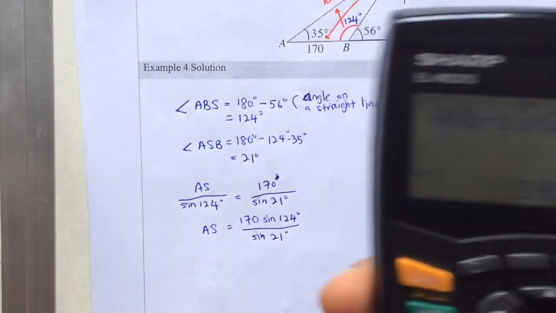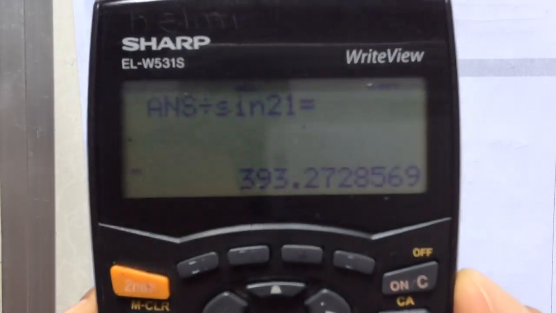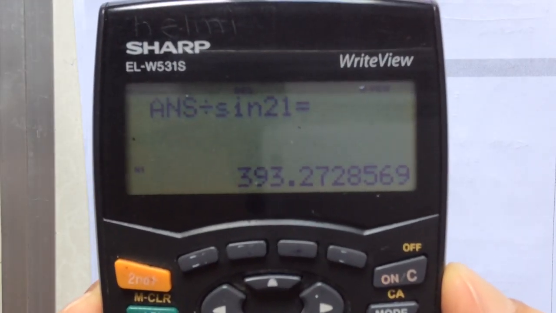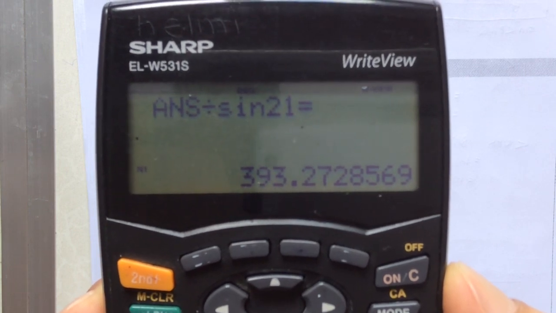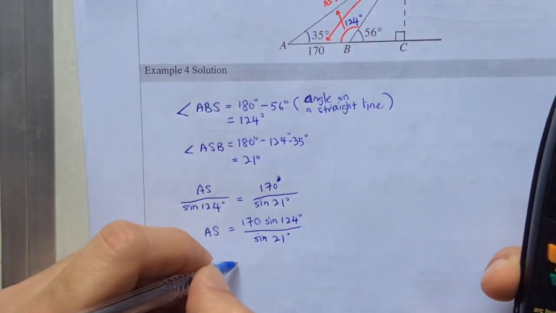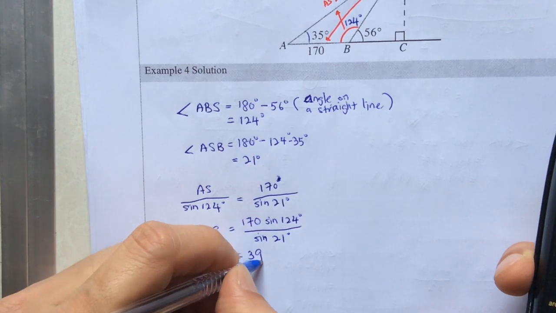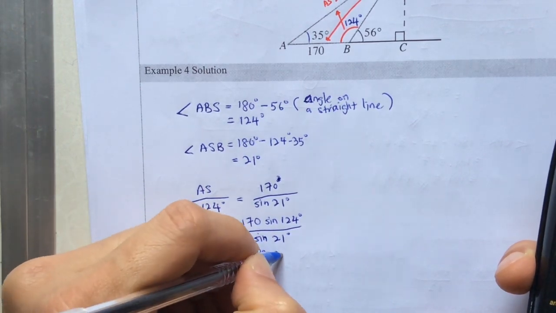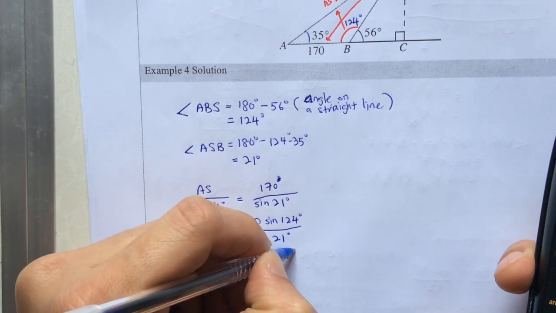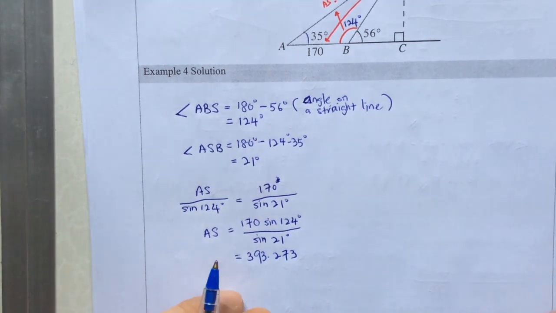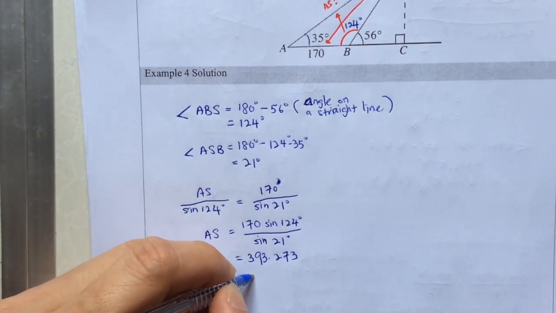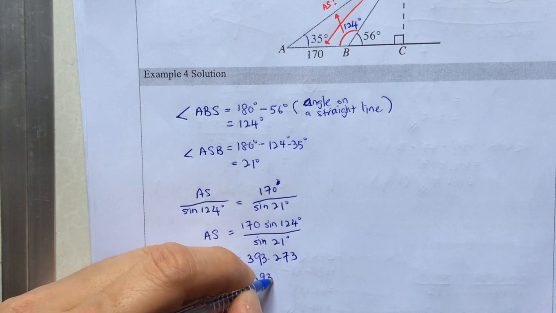So the answer is 393.273. And I'm going to round this to 3 significant figures, so 393.